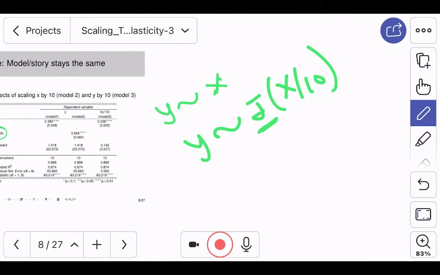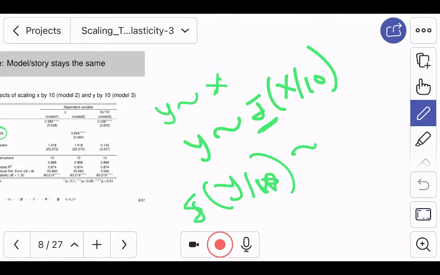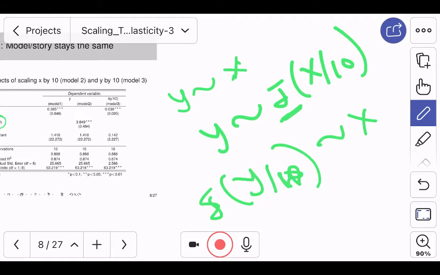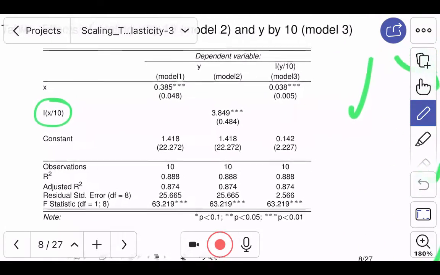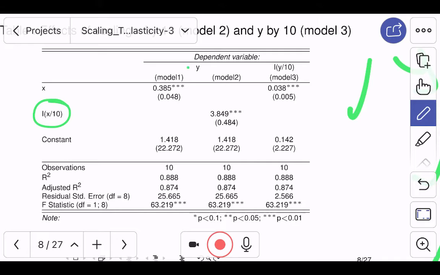And in the third one, we had y over 10, scaled down by 10, regressed on x. So there are three equations, 1, 2, 3 in here, and that's what we have. So without scaling, we had this. The slope was 0.385 and the intercept was 1.418, roughly 1.42.